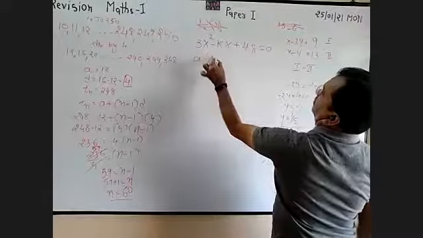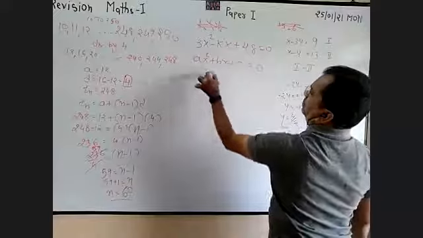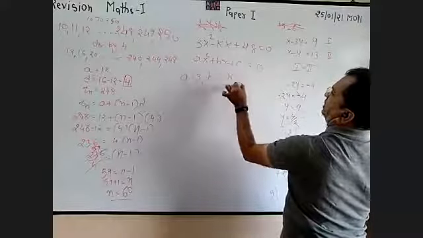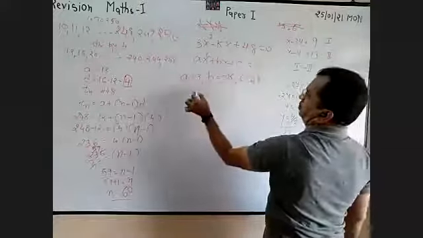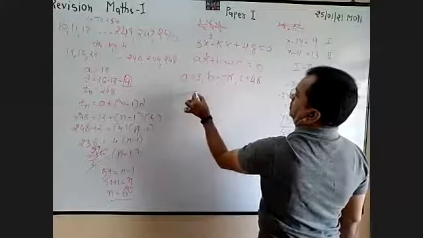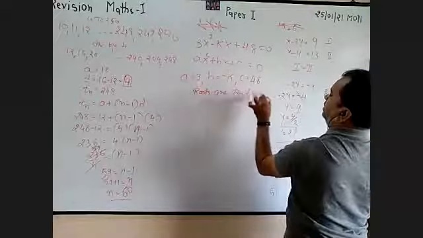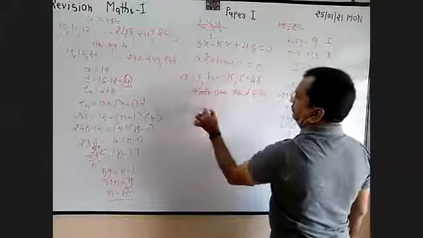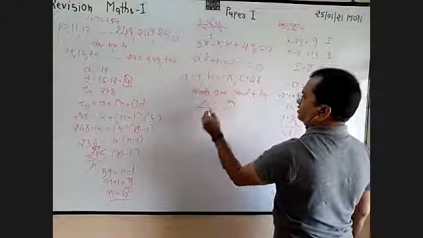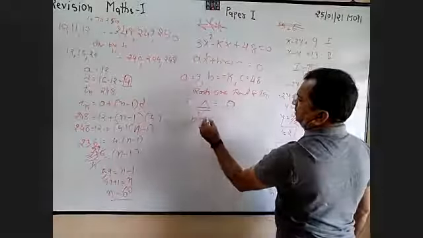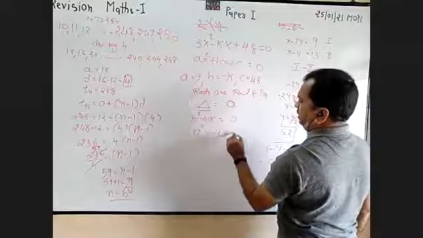Comparing with ax square plus bx plus c is equal to 0, a is equal to 3, b is equal to minus k, c is equal to 48. So roots are real and equal. Therefore discriminant is 0. Discriminant is b square minus 4ac is equal to 0. So b square is equal to 4ac.